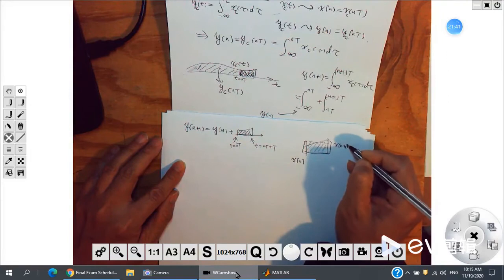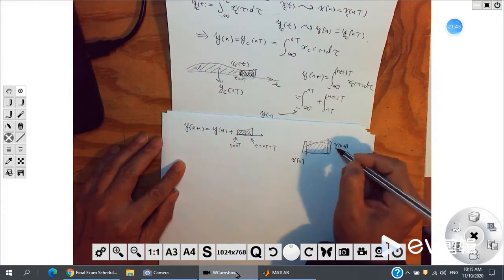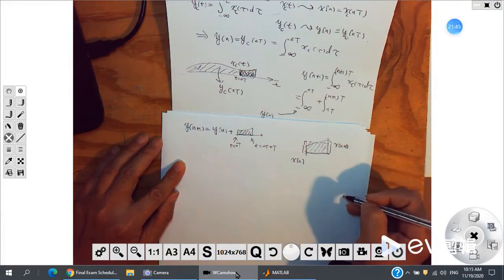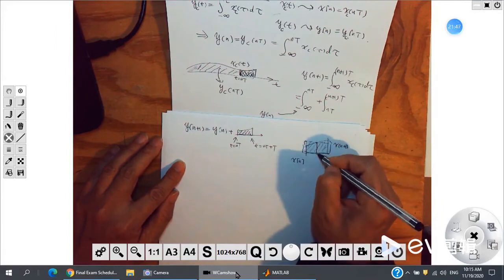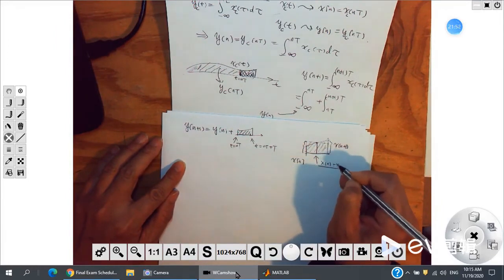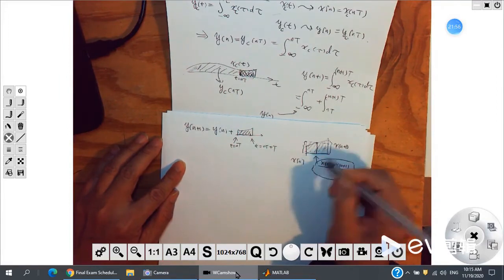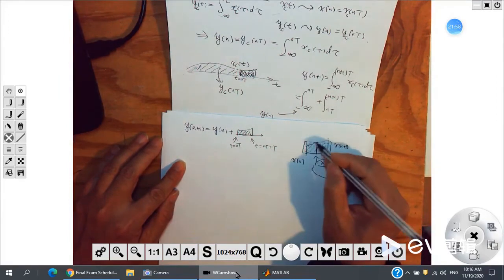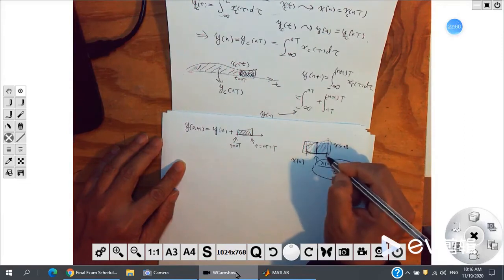In continuous time that is plus T, in discrete time it is n plus 1. And here will be the middle, so this is x of n plus x of n plus 1 over 2. We use this value times the length of the interval, and we get the area.